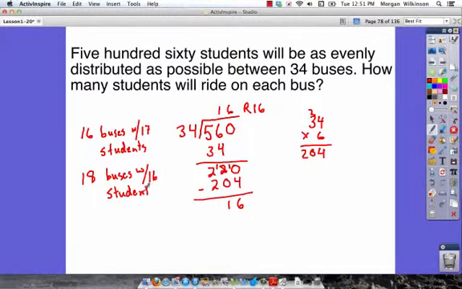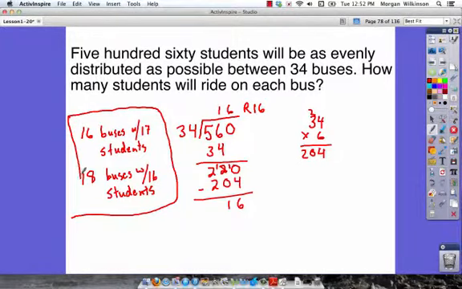We can add all these things up to make sure our numbers are correct. 16 plus 18 is our grand total of 34 buses. And if we were to multiply 16 times 17 and add it to 18 times 16, we get our grand total that we had of 560. Okay? And this problem is a little bit tricky because you have to add each one of these remaining 16 students one at a time into the first 16 buses, and we have those 18 left over.